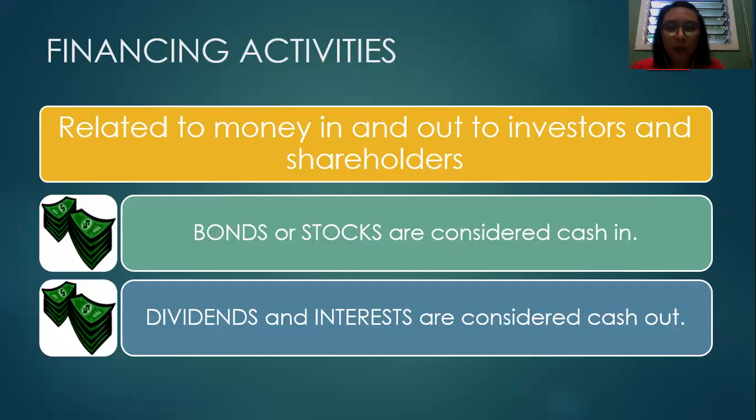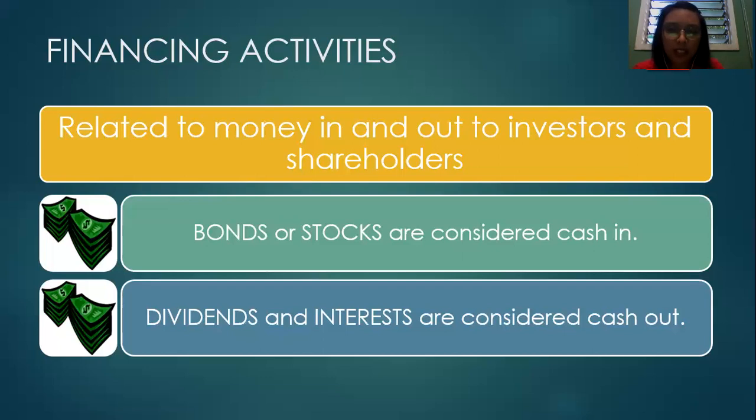Again, sa operating activities, ang business mismo ang nagapalit sa bonds or stocks. Sa financing activities, ang business ang nagabaligya og bonds or stocks. In the same way that in the operating activities, the business is the one gaining dividends. And under financing, the business is the one giving out dividends.